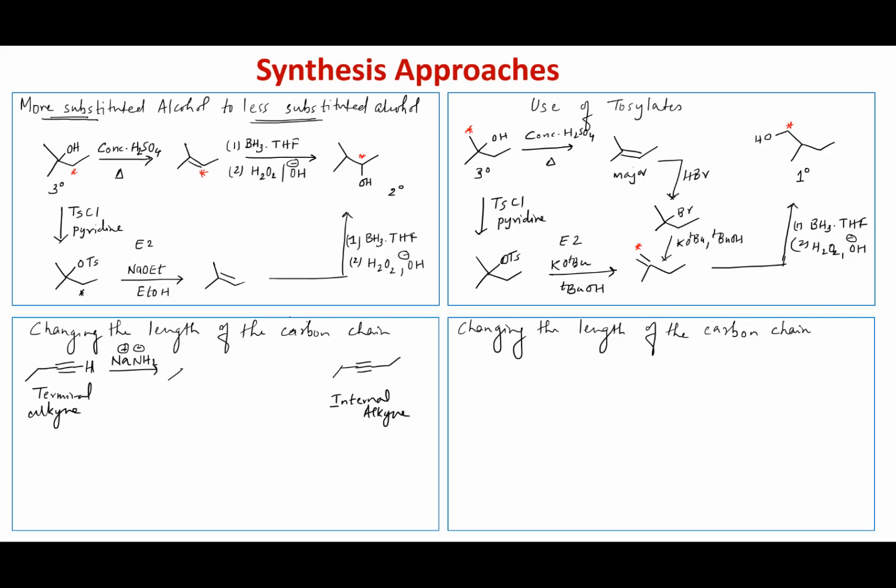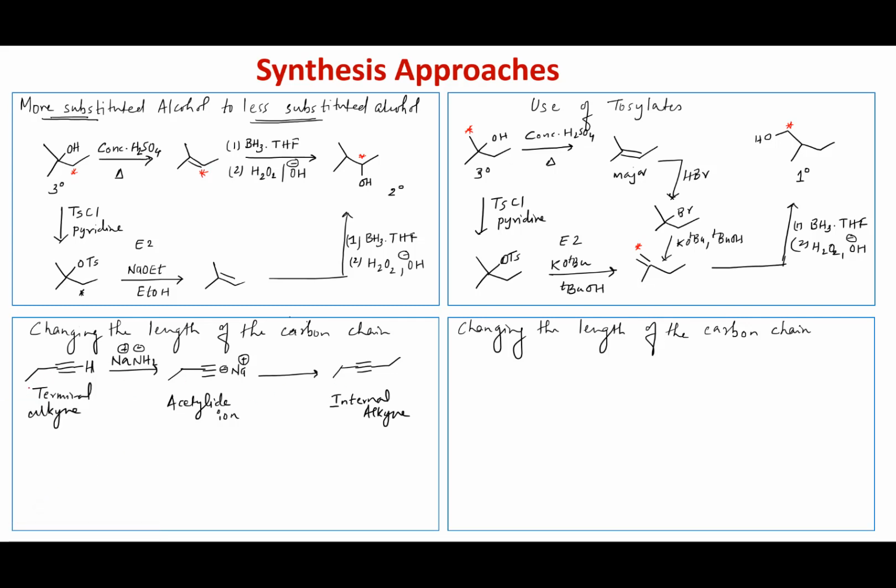So I can convert that terminal alkyne into what's called an acetylide ion, and now the acetylide ion can behave as a nucleophile. So if I react it with an alkyl halide, I will get the product.